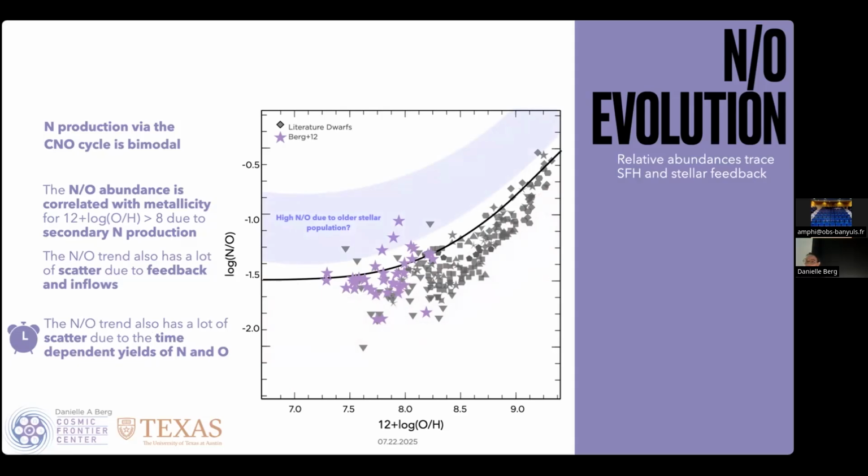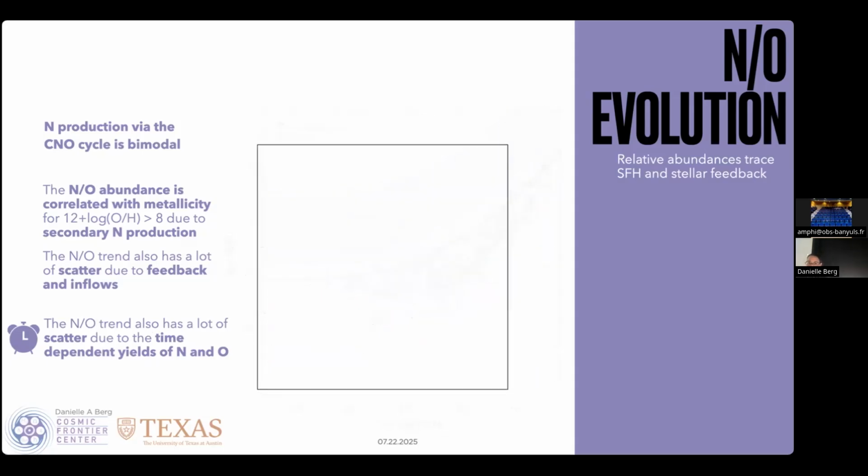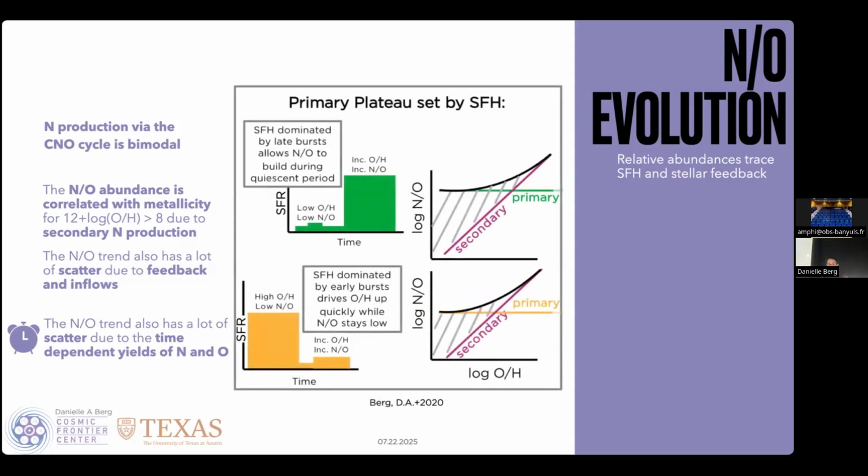Okay, well, some of you are like, man, I assumed just this one little trend here when I do N to O. Yeah, that makes it challenging because there are time-dependent yields. It also depends on your star formation efficiency and your star formation history. So when people like Chiaki Kobayashi do their overall chemical evolution models, they have to assume how many stars formed at different times.